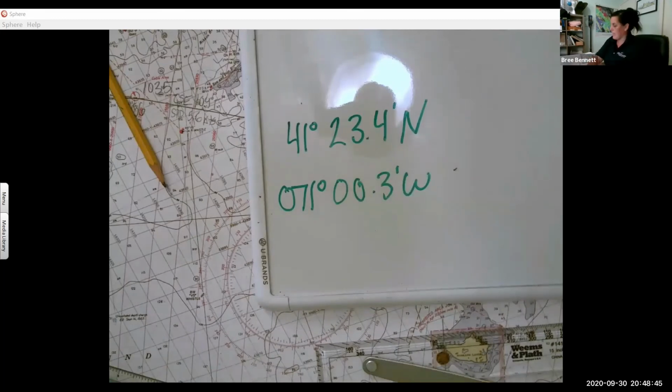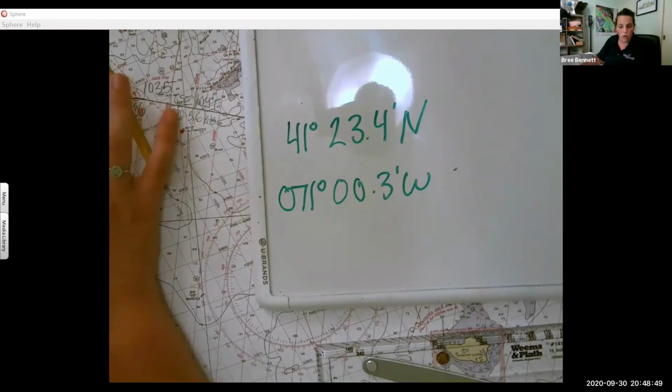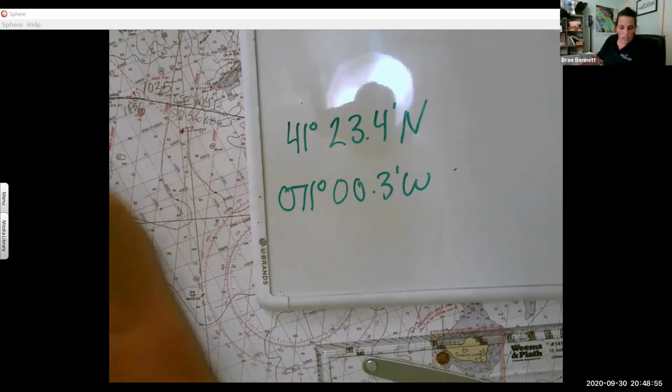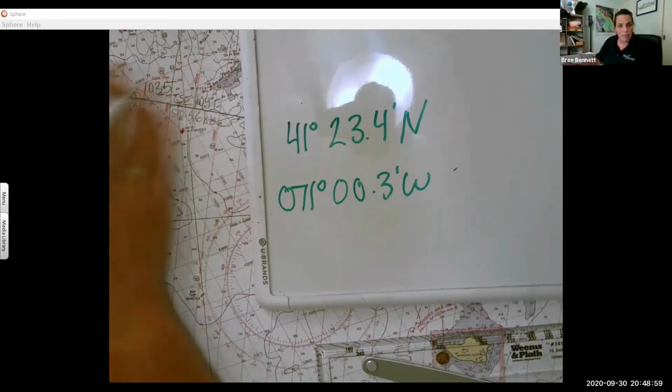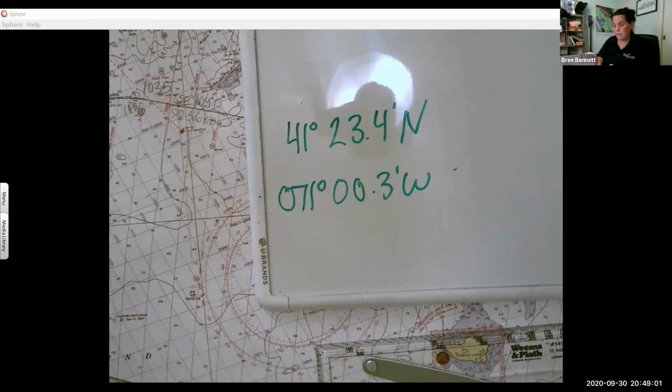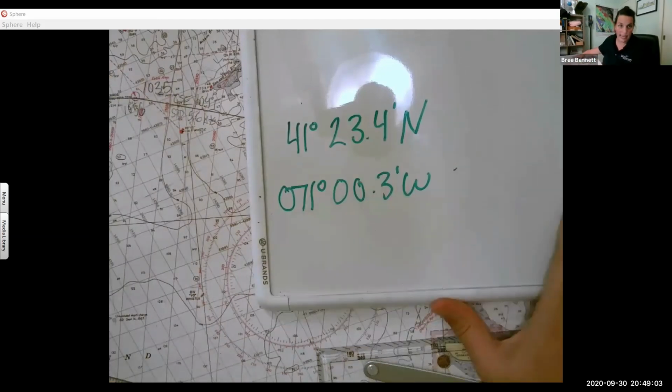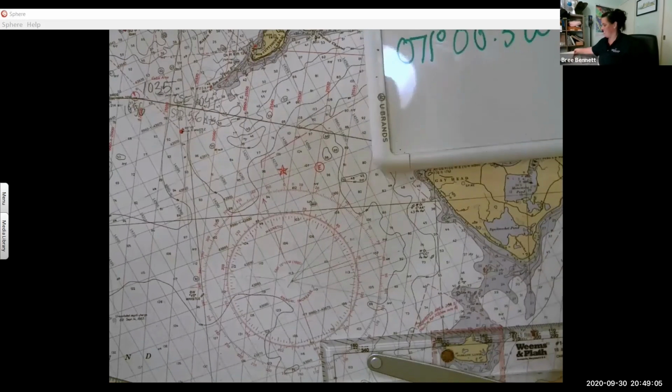So that is my latitude and longitude for that deepest point. I didn't get a time or DR, but you can. The worksheet doesn't ask for that. I guess it's just an exercise of always looking along your line and practicing your latitude and longitude skills.